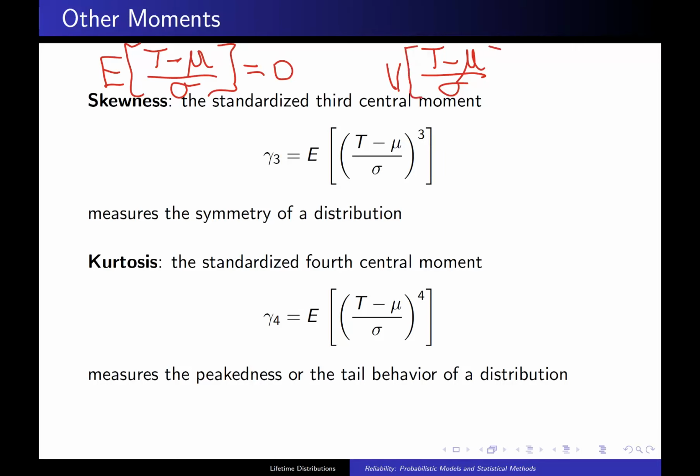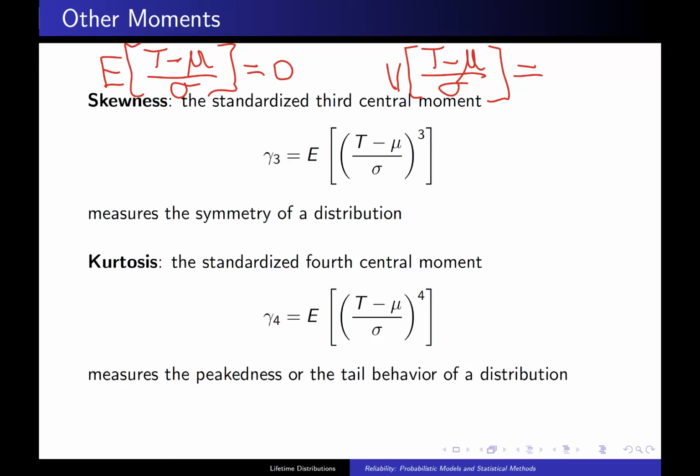Second thing that you see about it is, first of all, variance is a quadratic operator, so this sigma can come out front as a 1 over sigma squared. You know that when you shift a random variable, such as subtracting off its mean, that will not affect the variance, so this becomes just the variance of t, and you know that the variance of t is sigma squared.